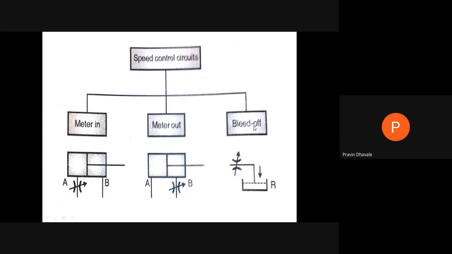And in a bleed off circuit we mount the flow control valve in the bypass line of the circuit, which is always connected after the pump, in order to control the inward and outward movement of the piston, that is the extension and retraction stroke of the piston.